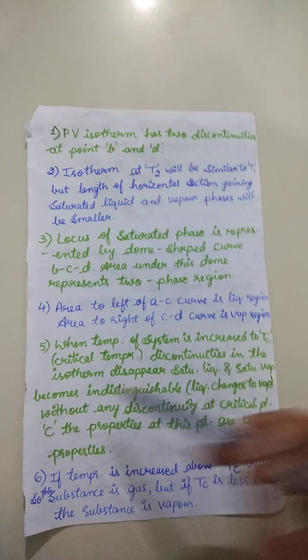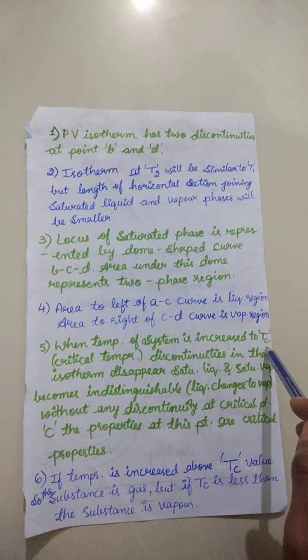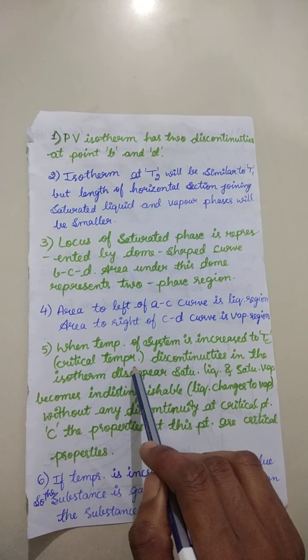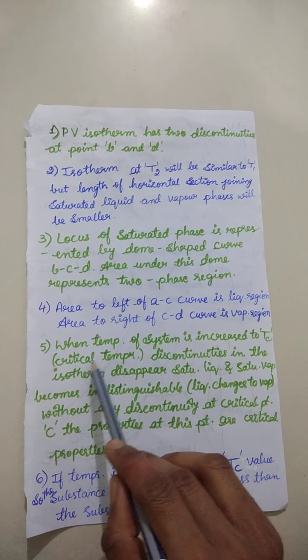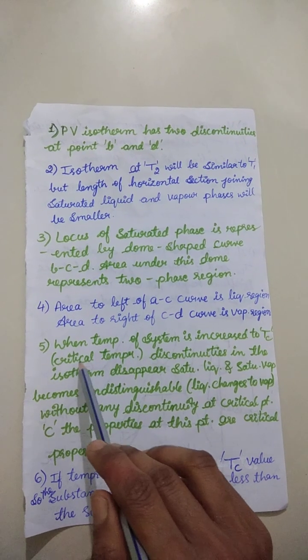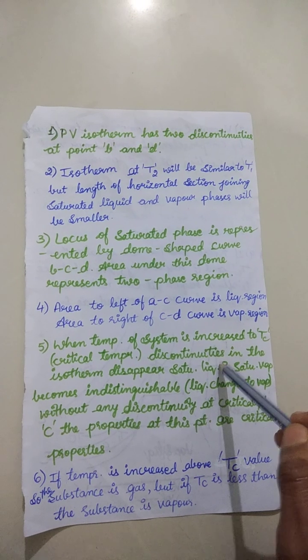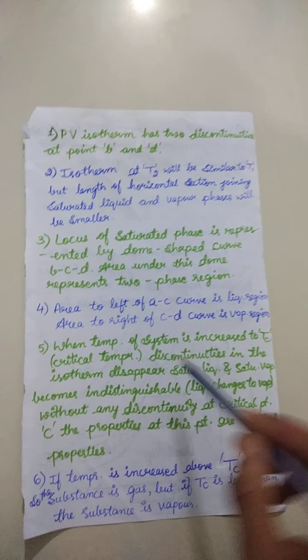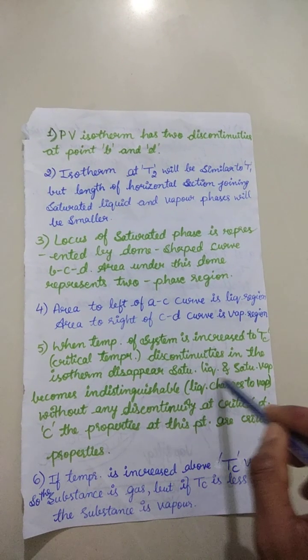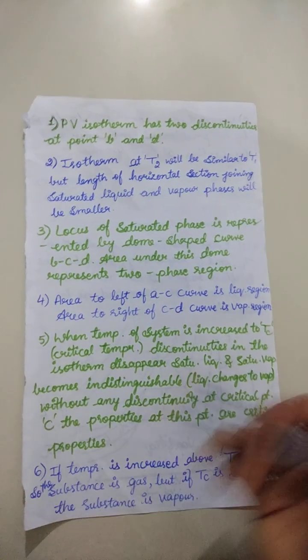When the temperature of the system is increased to TC, the critical temperature, the most important temperature, the discontinuities in the isotherm will disappear. That means saturated liquid and saturated vapor will become indistinguishable.